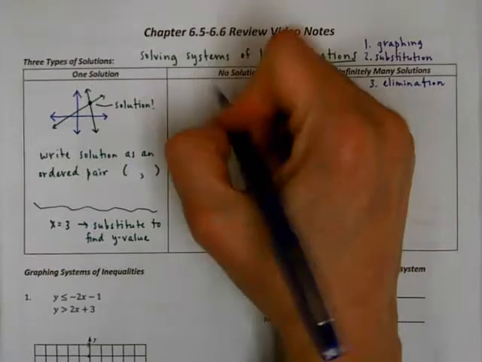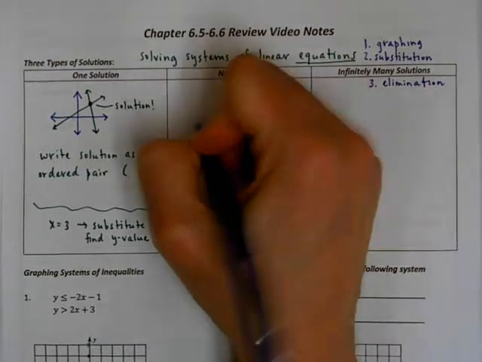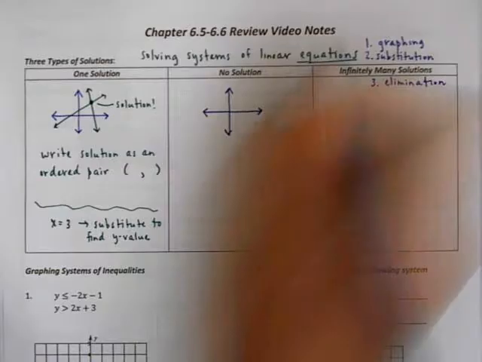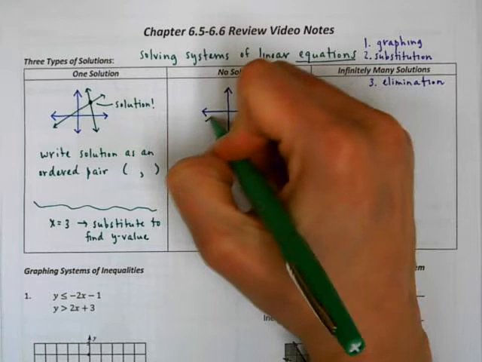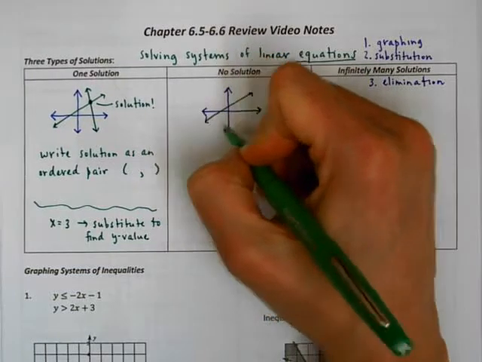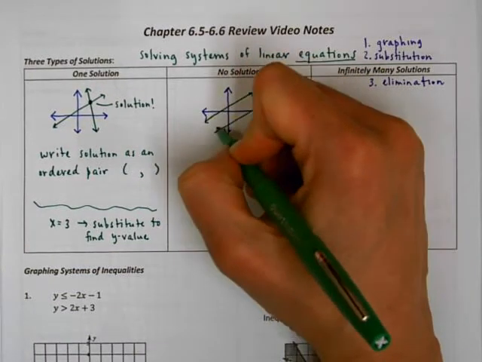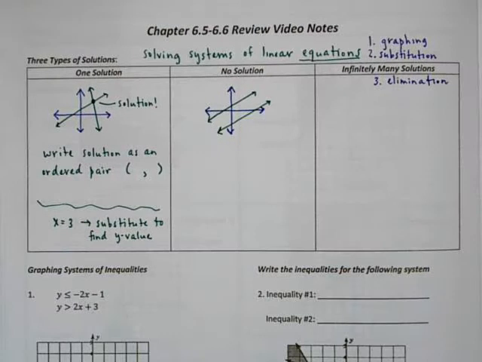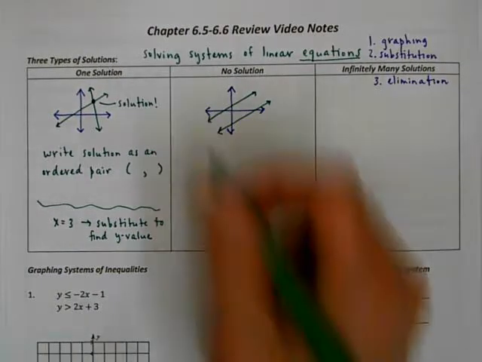Now, when we got no solution, graphically what that meant was we had two parallel lines, so lines that never intersected. And since they didn't intersect, we'd say no solution.